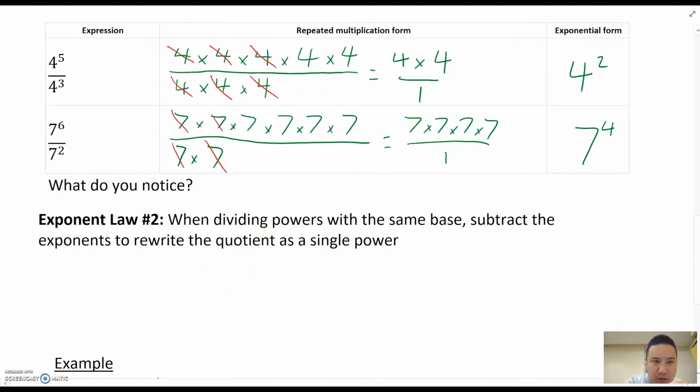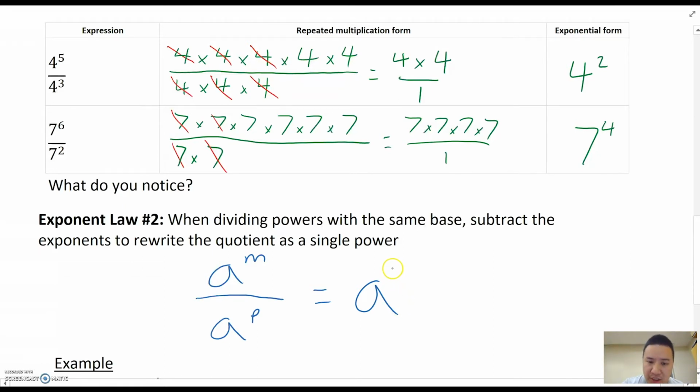So if we had a power like a to the power of m, again base of a, the exponent is m, and it was being divided by a to the power of p, remember the base has to be the same. What we're going to end up with is a, the same base, and then we just subtract our exponents.